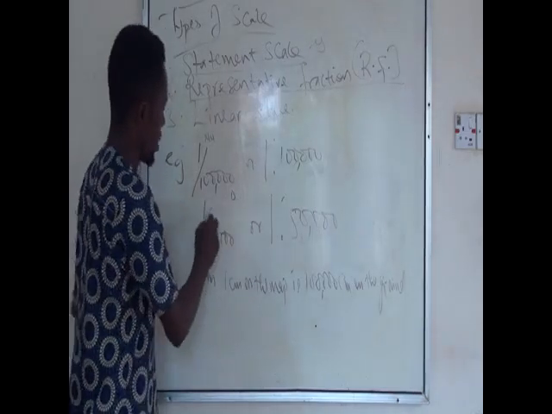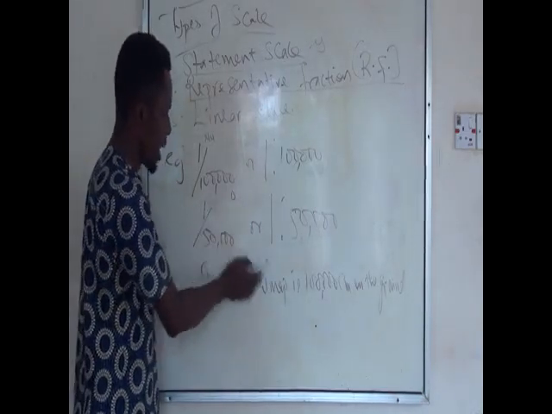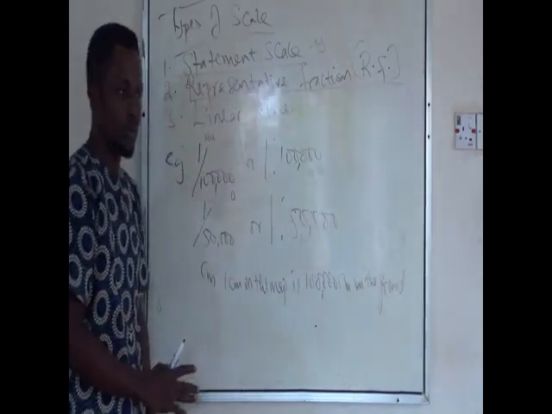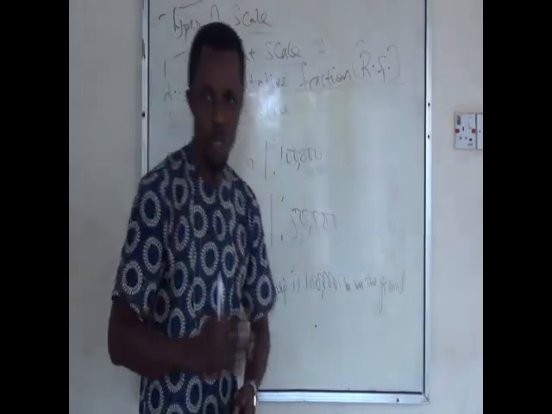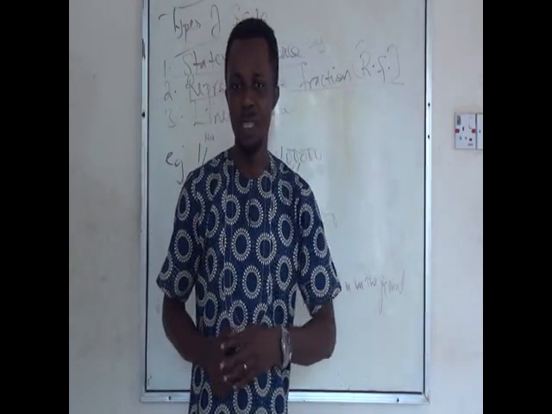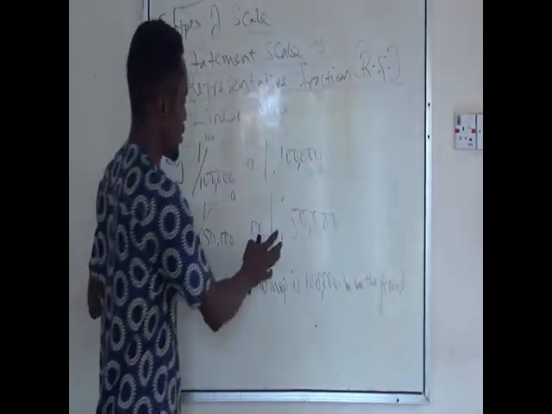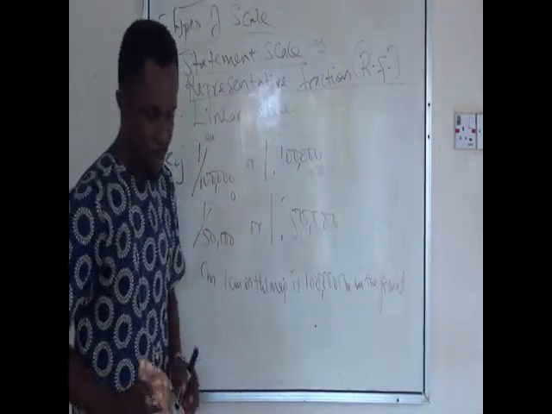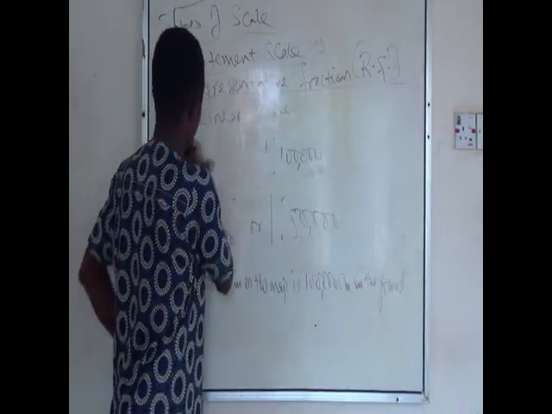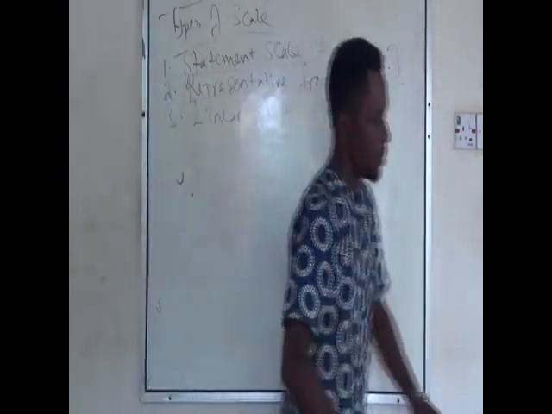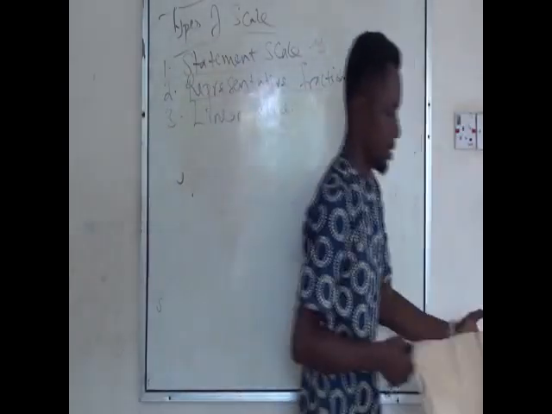Then this 1 cm on the map is actually 50,000 cm on the ground, which is the same thing as saying 1 centimeter on the map represents half a kilometer on the ground. So that is our representative fraction. When you pick a topographical map, you will always see it.